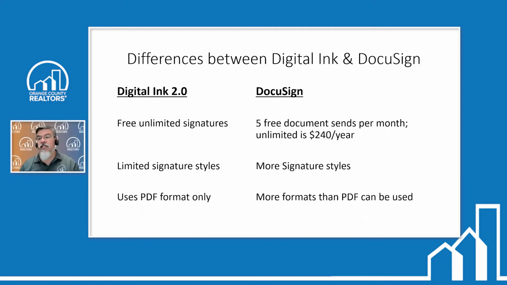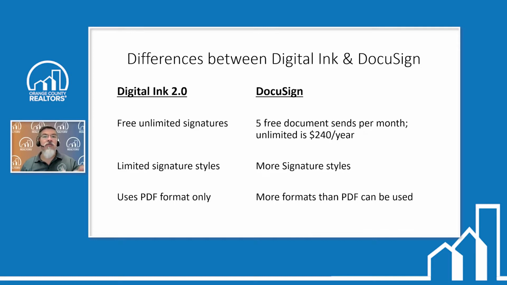Whereas DocuSign, it's used in different industries, and it's a paid service. So if you have the free version like I'm using, it's 5 free documents per month, and you can use the unlimited service, which is a comparable one to Digital Ink 2.0, at $240 a year.